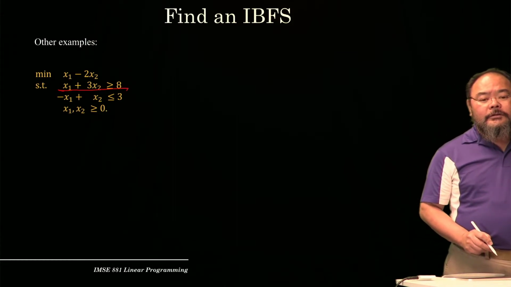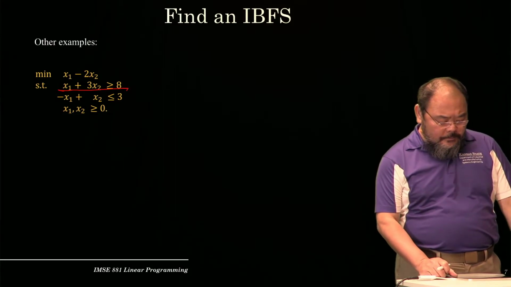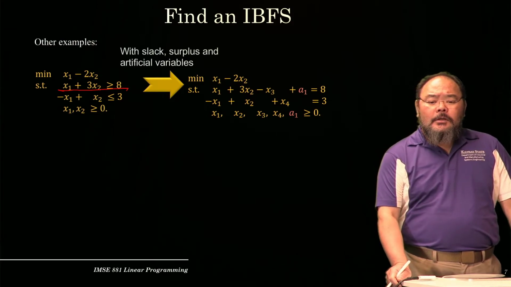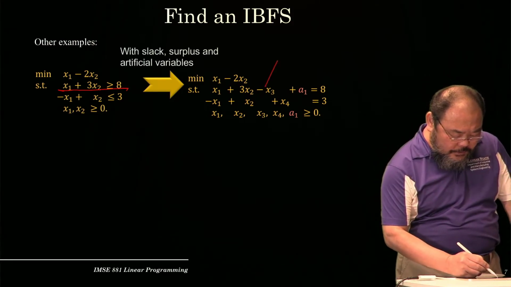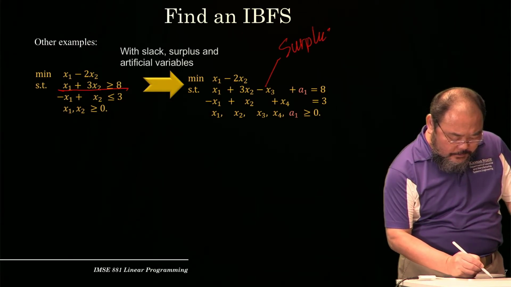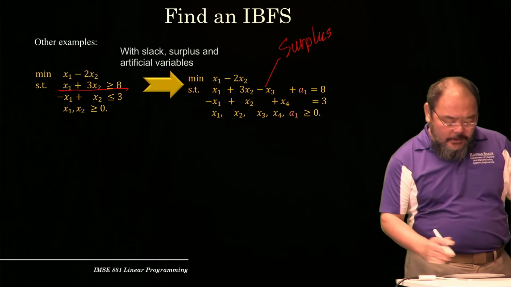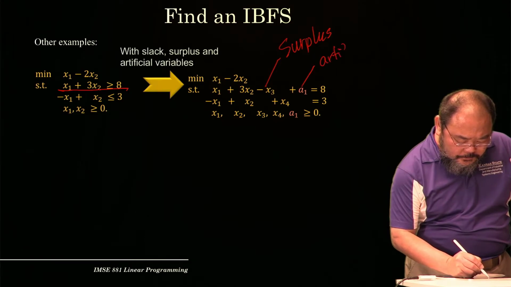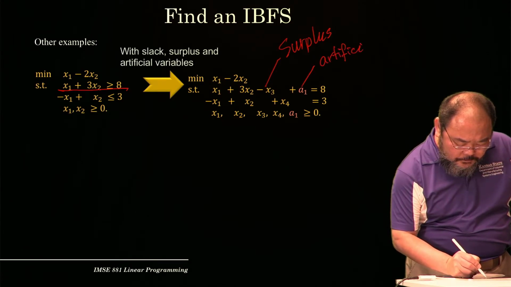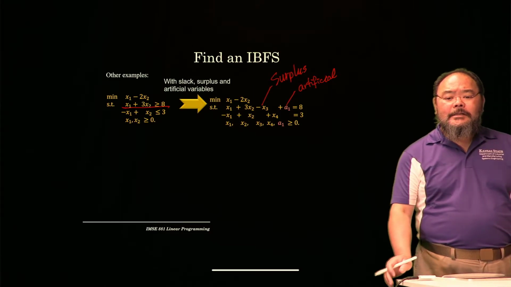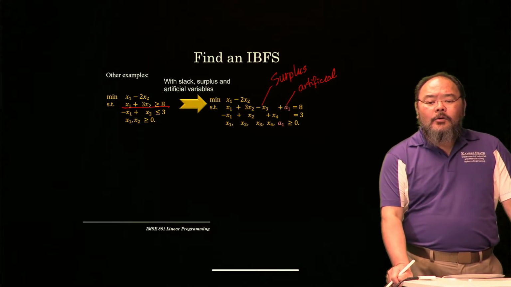To convert this to an equality constraint, we add a surplus variable x3, and then we add an artificial variable a1. So this will still make it an equality constraint.